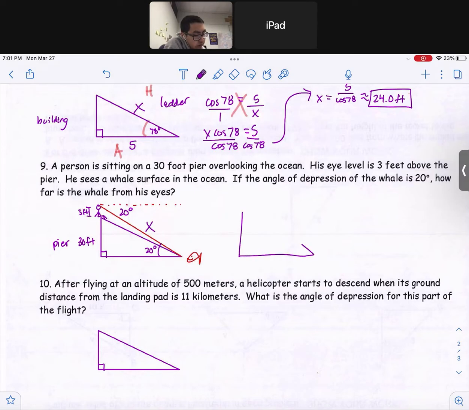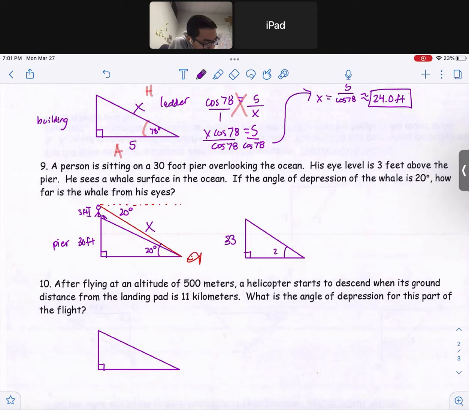So if we draw a nice triangle, another triangle in the perspective of the person's eyesight, this would be 33 feet, right? Because it's 30 plus the 3 from the eyesight. 30 feet, which is the pier, and then plus 3, which is the person's bottom to their eyesight.